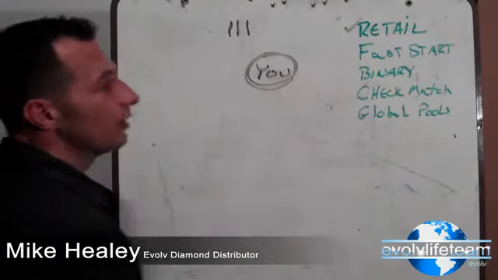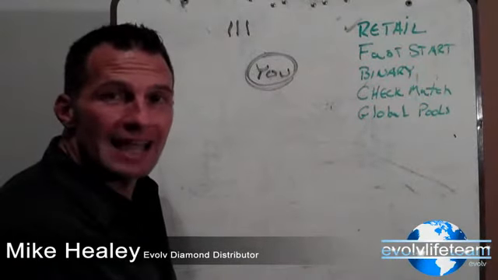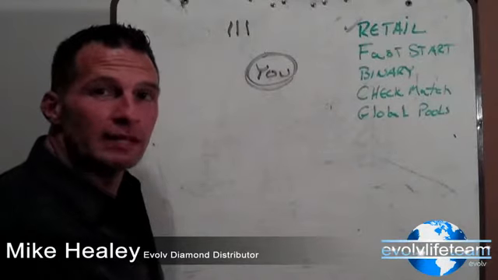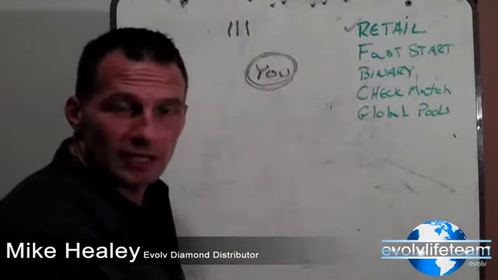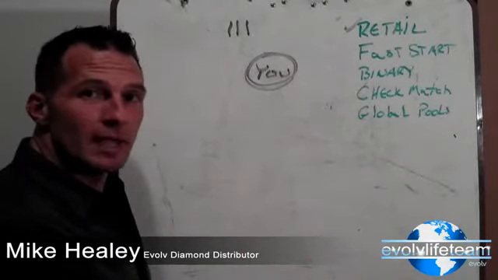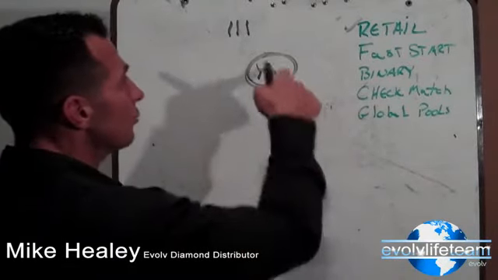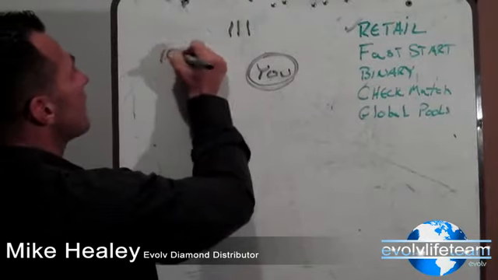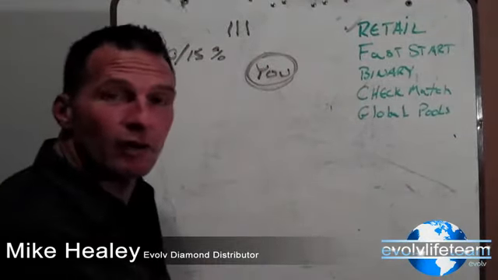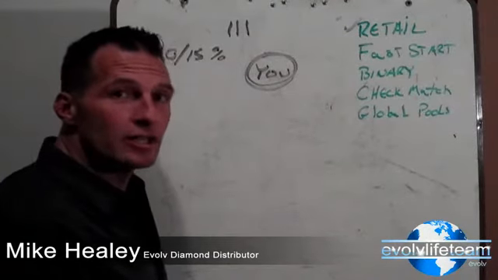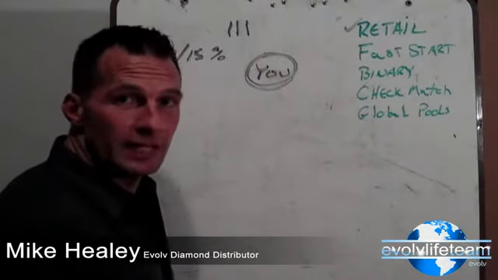Now a fast start would be above and beyond just gathering a customer. A fast start would be if you gather a promoter. So you sign somebody up who paid the $49 membership, and they become a promoter. You're going to make between 10 and 15% on their initial order, and that initial order is within their first 4 weeks of being in the business.